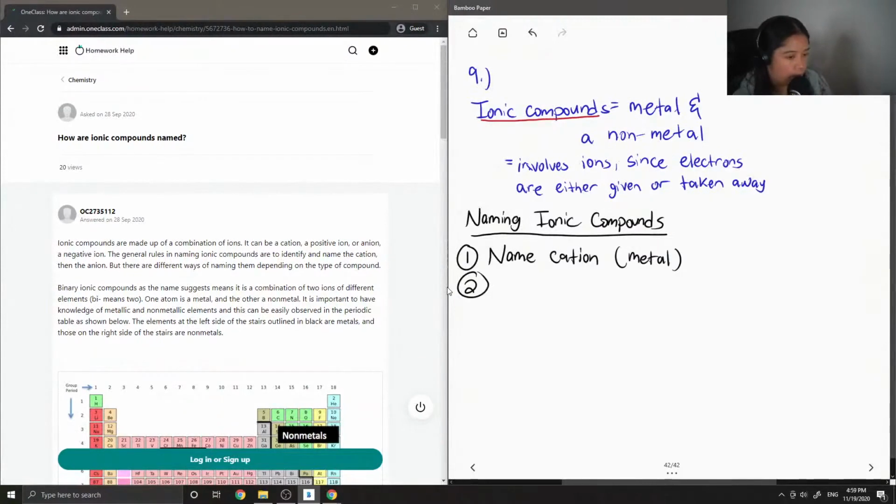Step 2 is name the anion, which is just your non-metal. And then after you name your anion, you want to change its suffix to "ide."